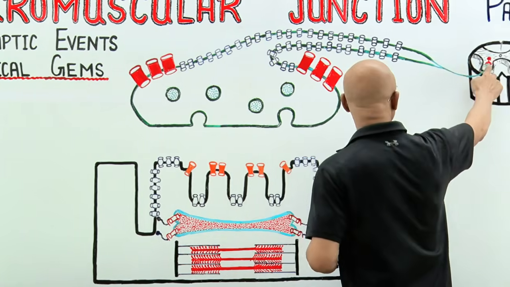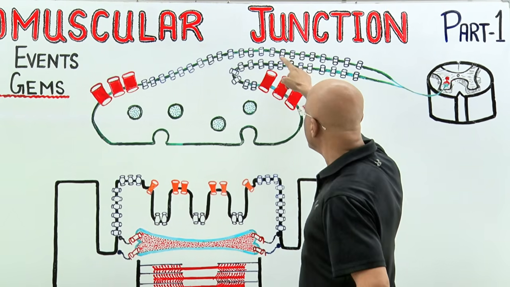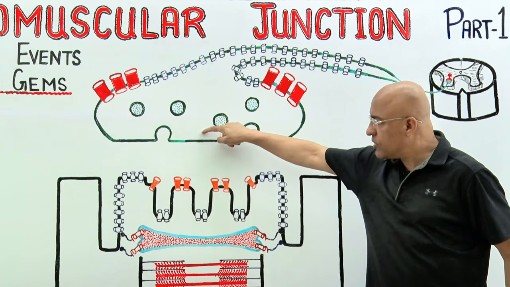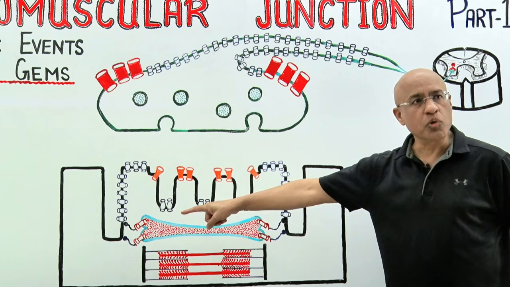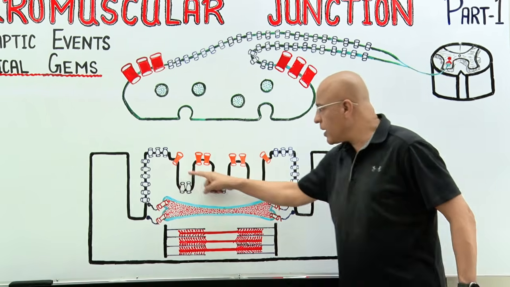This is the alpha motor neuron, the cell body is in the spinal cord, this is the axon, and here is the nerve ending.